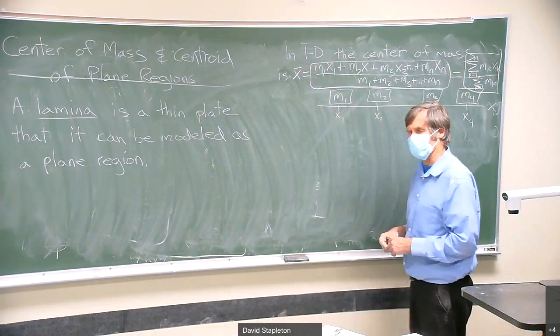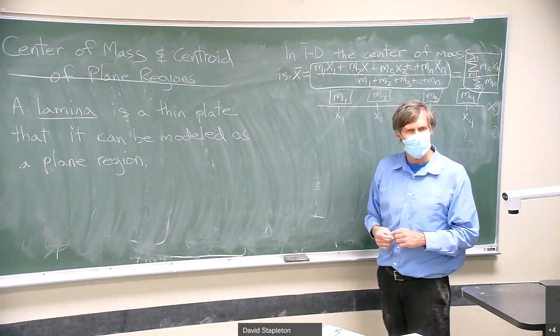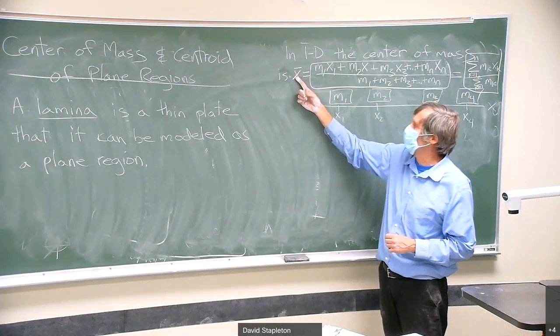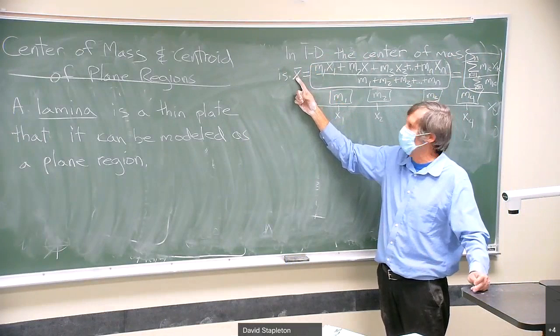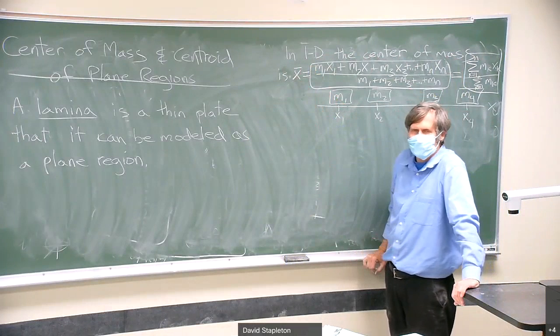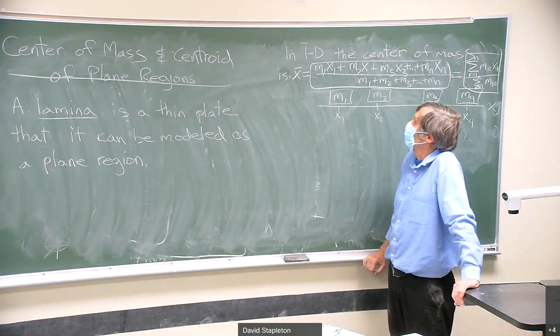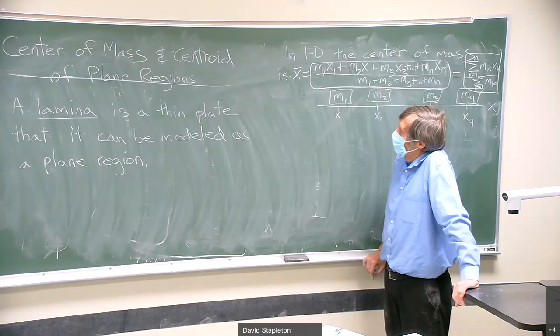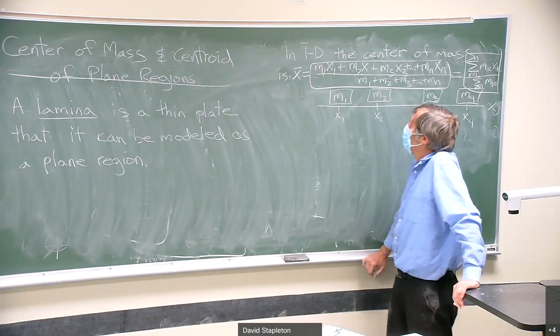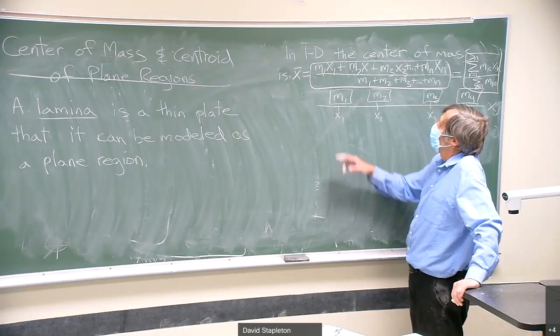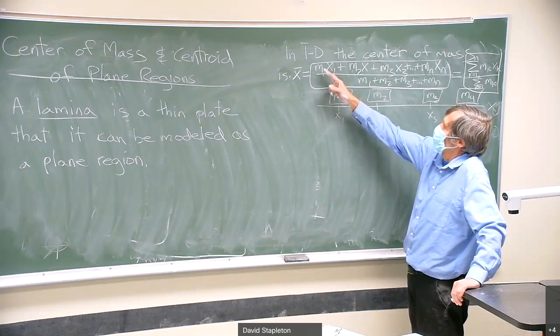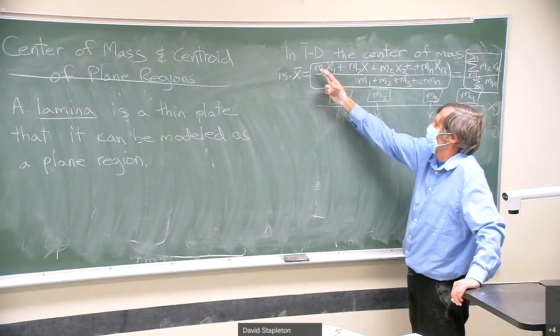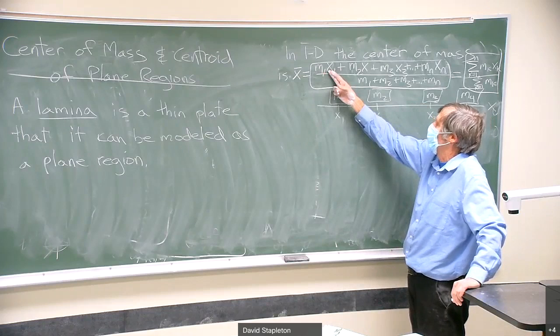You ever taken a statistics class? You calculate the mean of a set of data. Sometimes you call it x bar. If you think about it, this is actually exactly what you compute in statistics for a frequency distribution. Position x1 occurs with a frequency, well, it sort of does because there's m1 mass at position x1, right?